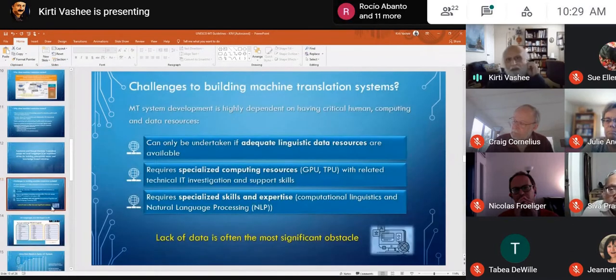So when we look again to what does it take to build a machine translation system? If we believe and if we agree that machine translation technology and the availability of machine translation technology for your language is really important, what are the challenges to building better MT systems or building any MT system for your language?